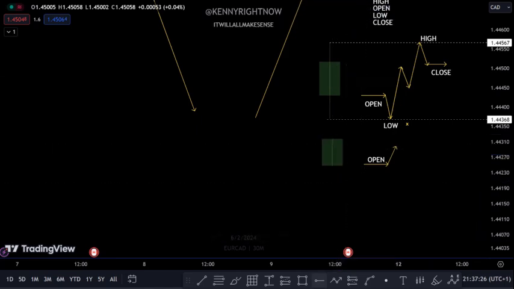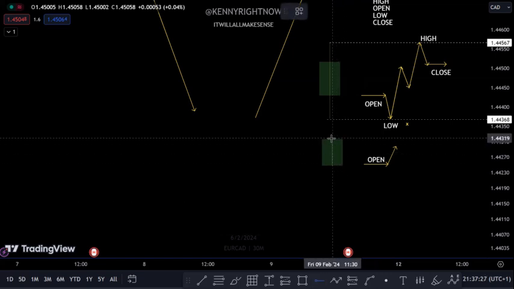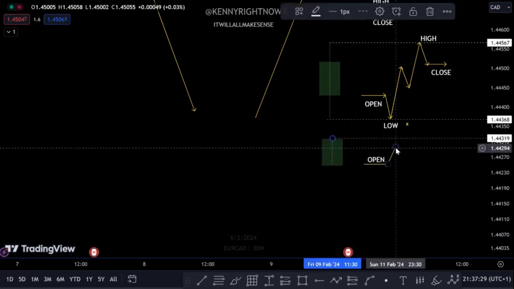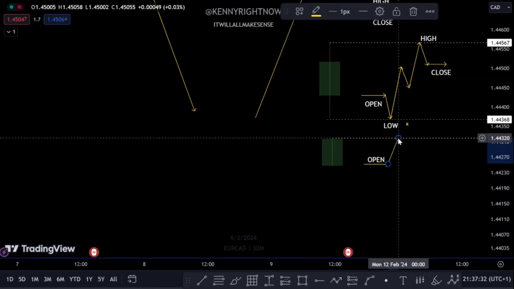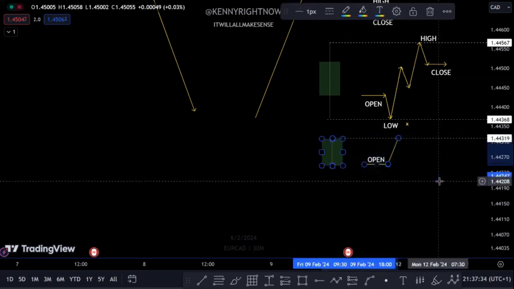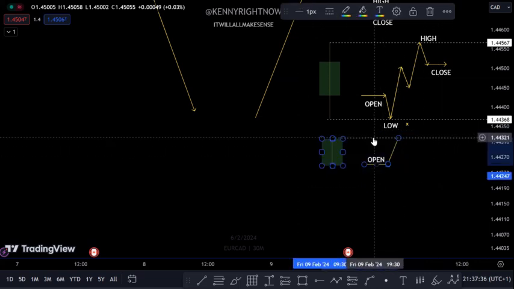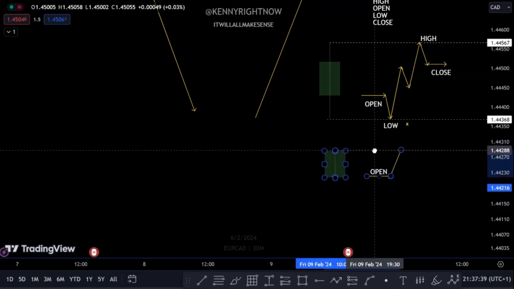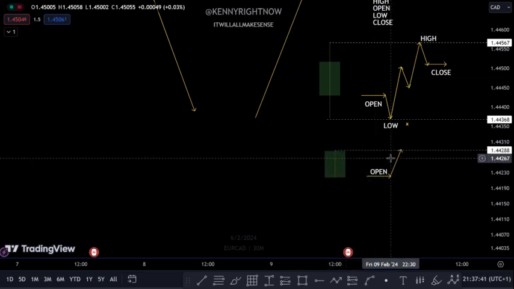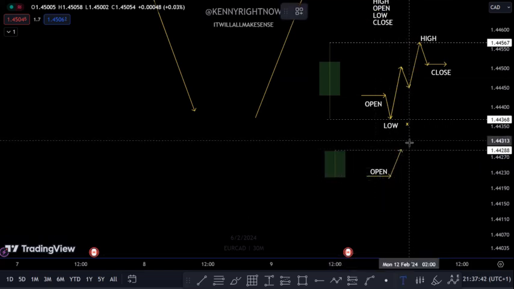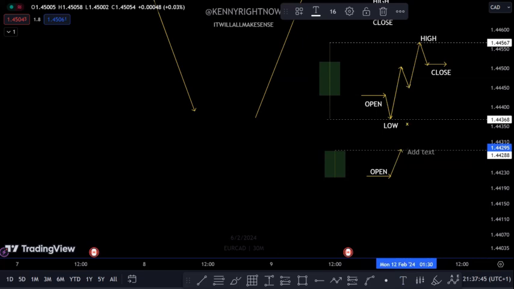It is what? A full bullish candle. I'll mark this from here. So this is what? Our high. Okay. Now from the high, I'll put that as our high.